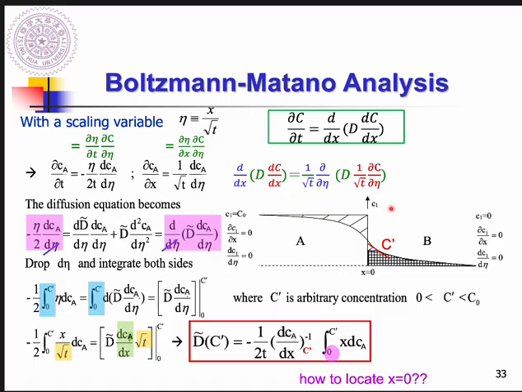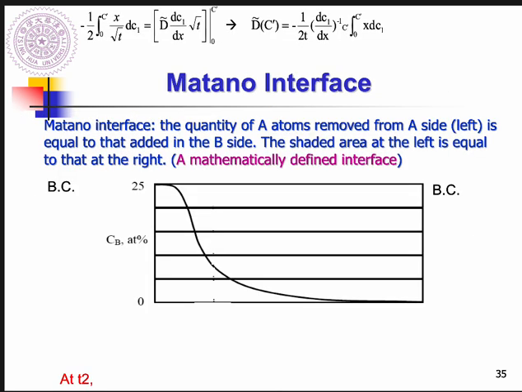But when D equals a constant, these figures will be symmetric. It's easy. At the interface, x equals 0. But now D changes with concentration, which means that the real concentration profile you have will be shown like this. And the interface is no longer the location at x equals 0.